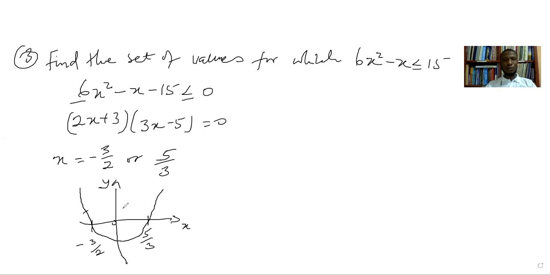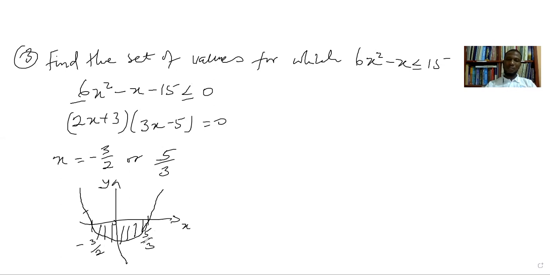All right, thank you. So here, point 3, shading, less than or equal to, so we shade under, just like less than. So our values are between -3/2 and 5/3.